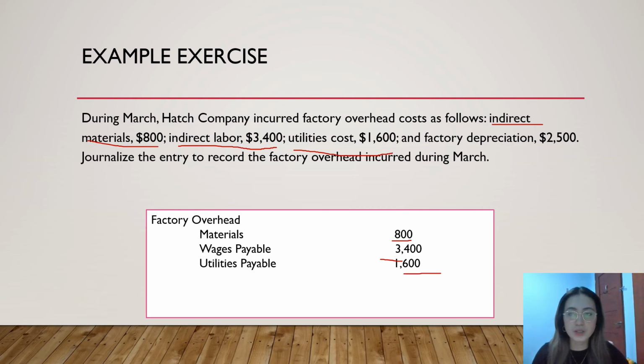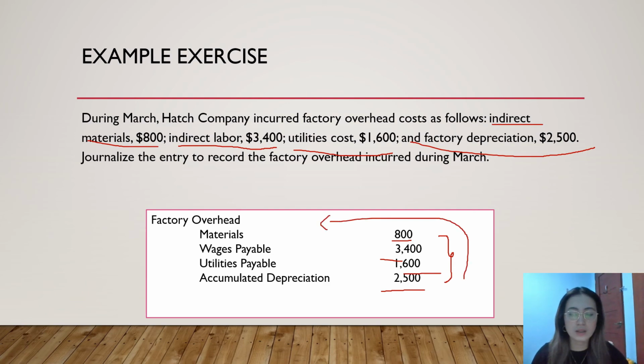And for factory depreciation, we will record that as accumulated depreciation amounting to 2,500. So to sum this all up, that would total a cost of 8,300. So the note would be factory overhead incurred in production.